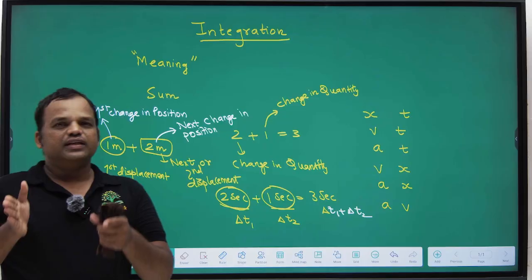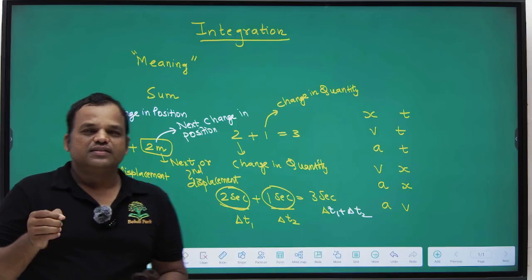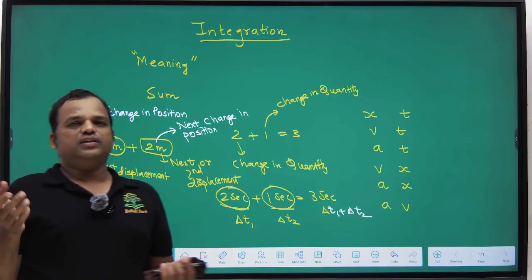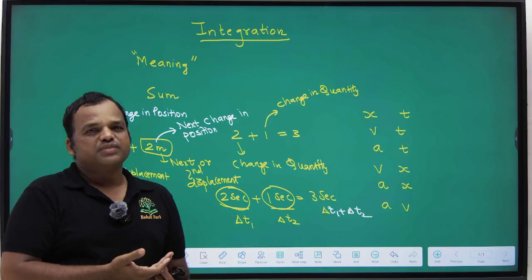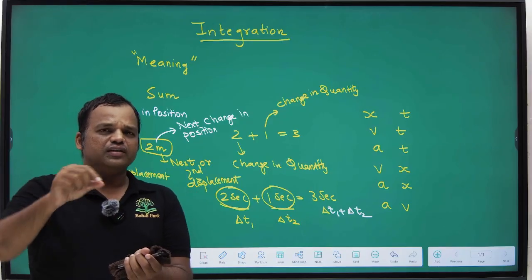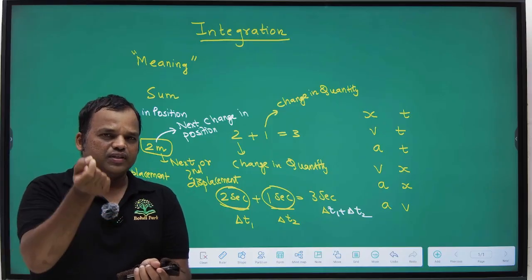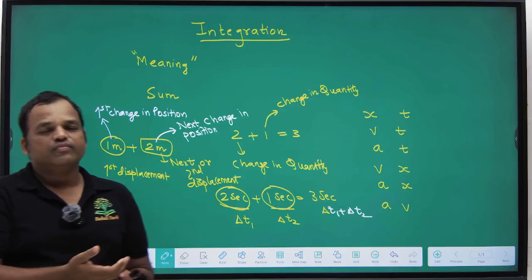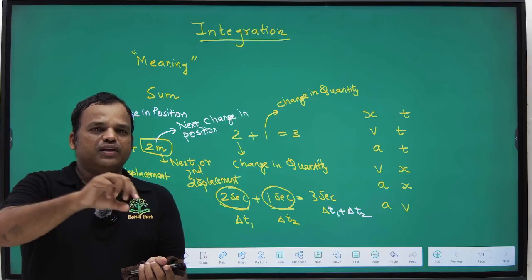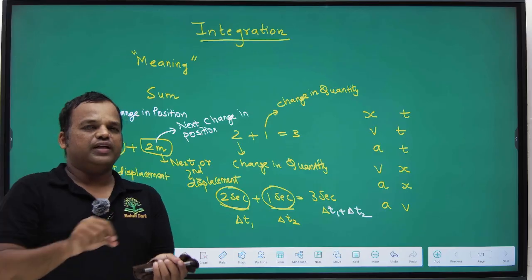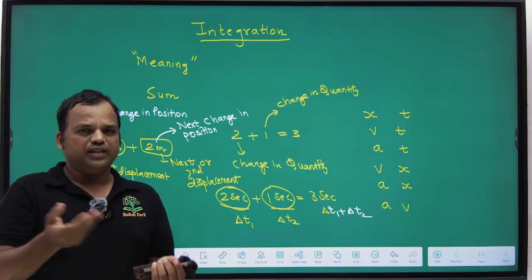We are adding changes. Similarly, it can be about mass. For example, you are putting some substance in a container. You are dropping a small amount of any substance in a container. For example, it can be rice. Suppose you are putting 1 gram of rice. After some time, you are putting 2 grams of rice, then 4 grams of rice, like that.